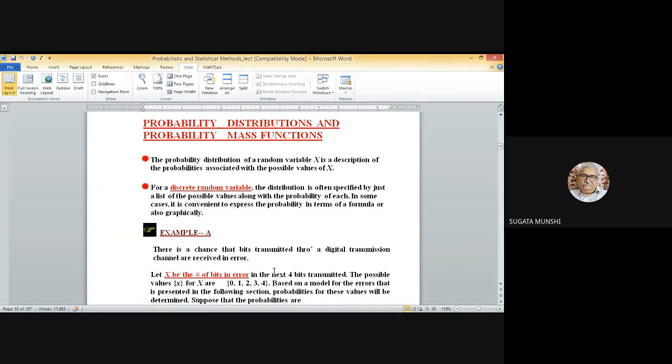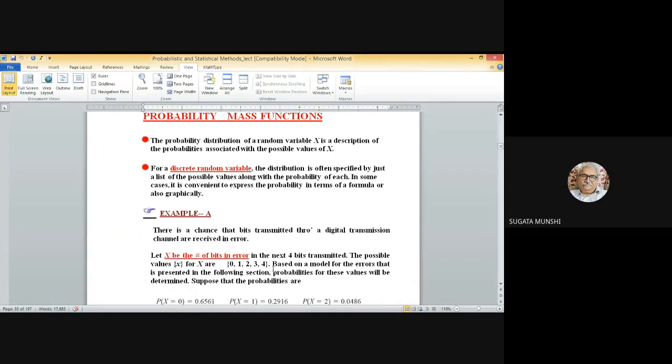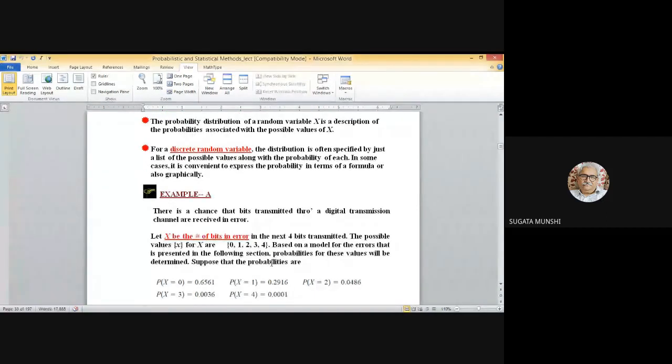I have cited one example here. I have already pointed out earlier that one engineering example of a random variable is that a certain number of bits are being communicated over a distance, and in the course of communication there is almost inevitable corruption of the bits by interfering noises.